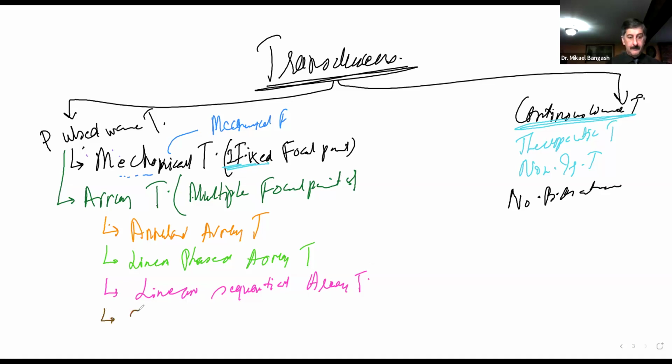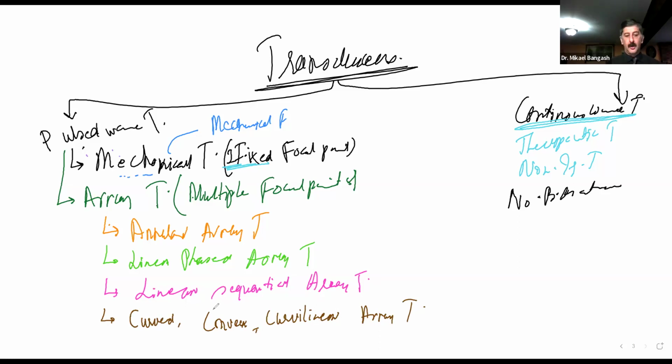Followed by, now this one here has a bunch of names. It can be called curved, it can be called convex, or it can even be called curvilinear. And of course, each of these can be followed by the words array transducer.